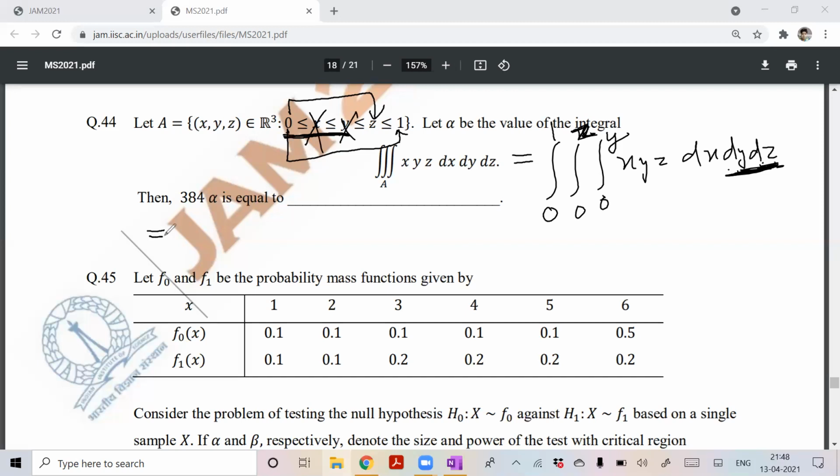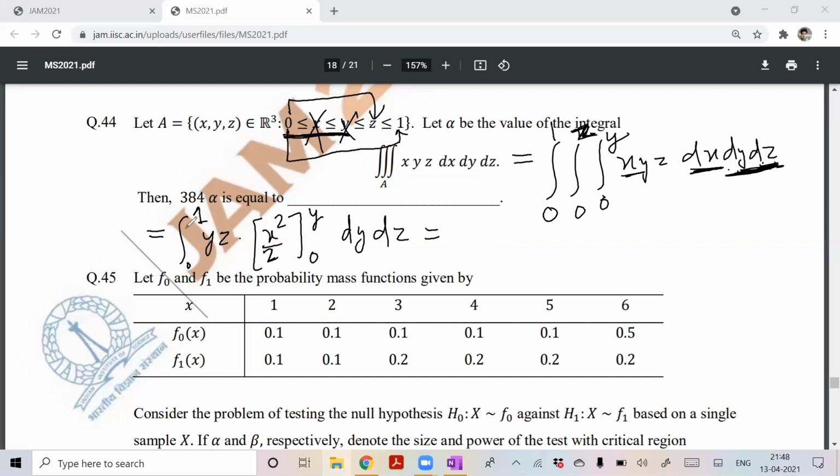So here let's integrate 0 to 1. We first have to integrate with respect to x. So keep yz as it is here, and just integrate x with respect to x. So it will be x square by 2, and the limit will be 0 to y, dy dz.